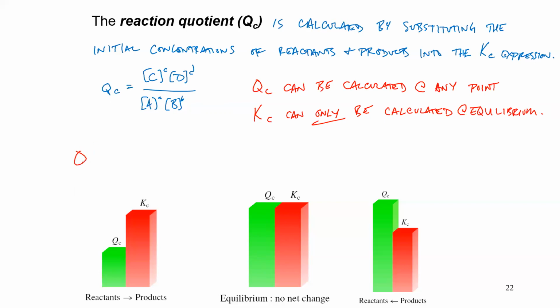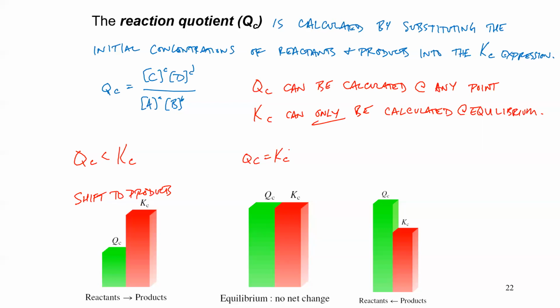And so if Q is less than K, here at this first example, then that means that our products are small, our reactants are big. In order to reach K, we have to shift to the products. Here in the middle, Qc is equal to Kc. Well, if they are exactly the same, then our reaction must already be at equilibrium, right?